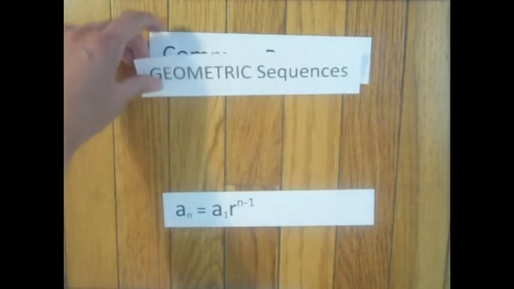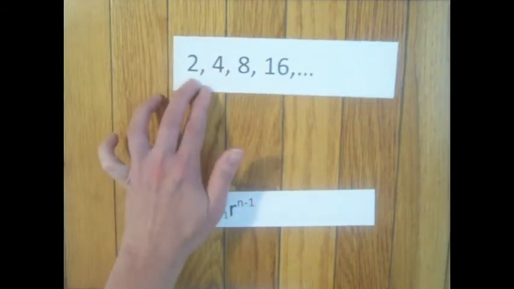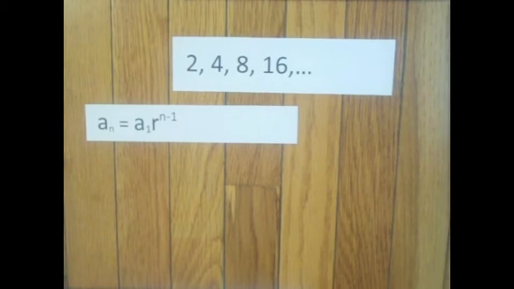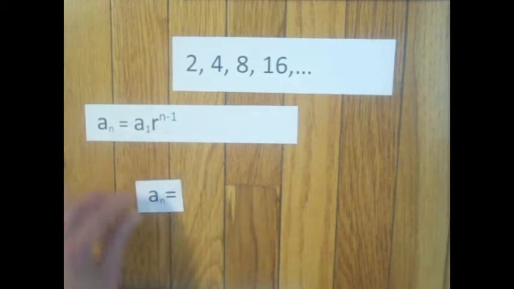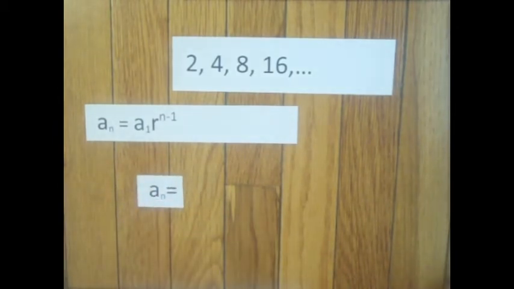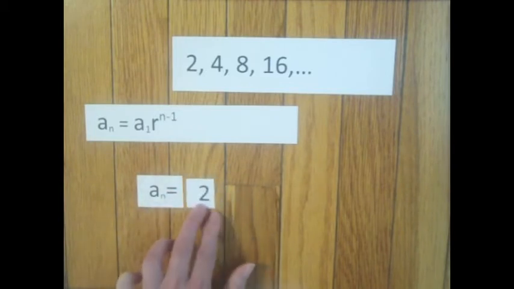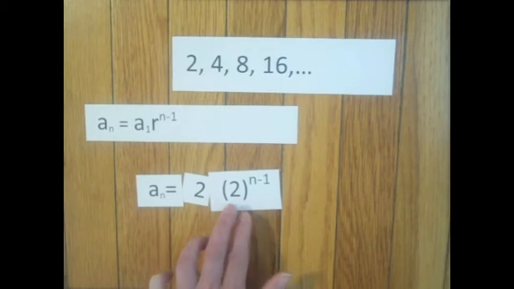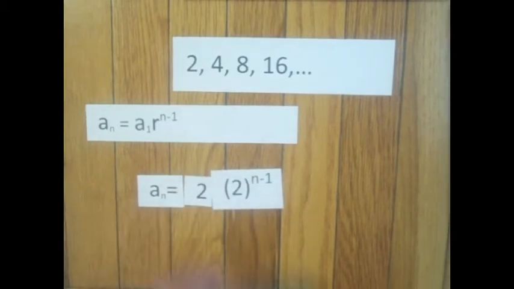So if we wanted to define this sequence using our new definition, all we would have to do is say a sub n equals the first term, which is 2, times r, which is 2, raised to the n minus 1.